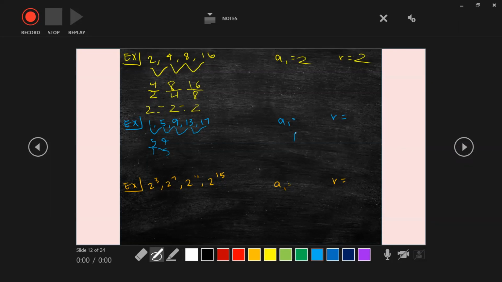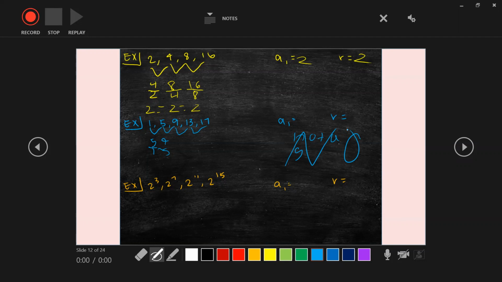I think it's like 1.8 or something like that. So it is not a geometric sequence. You can just put no in big letters. Yeah, okay, that works.